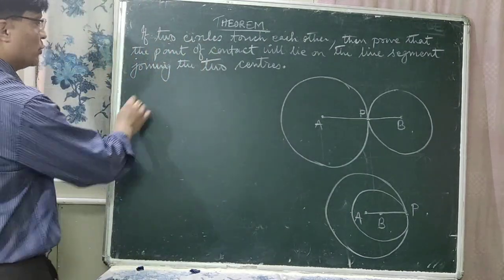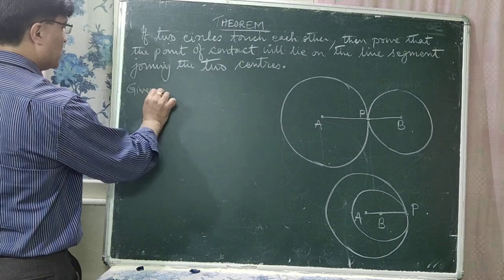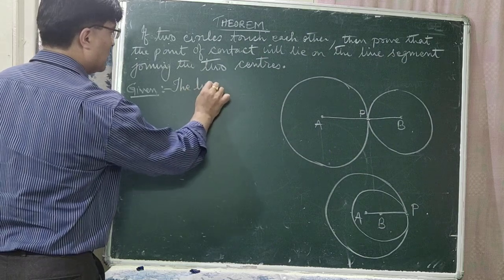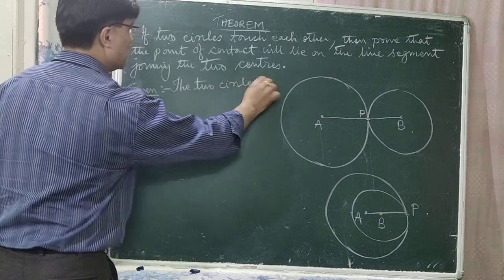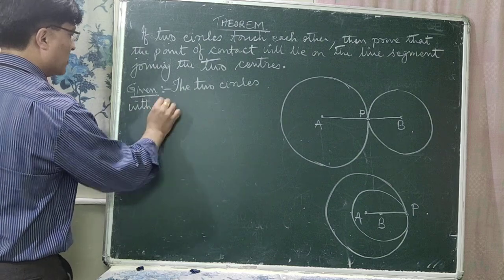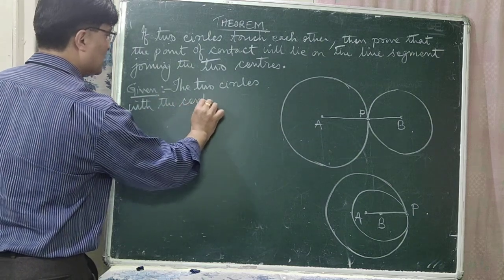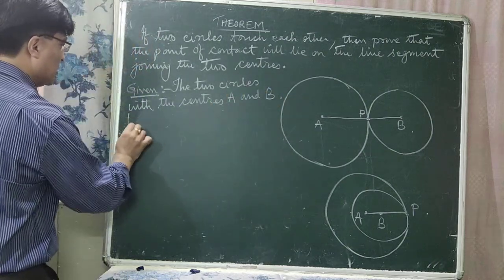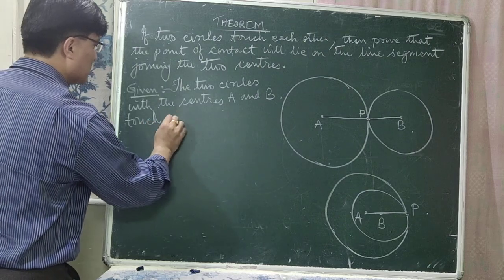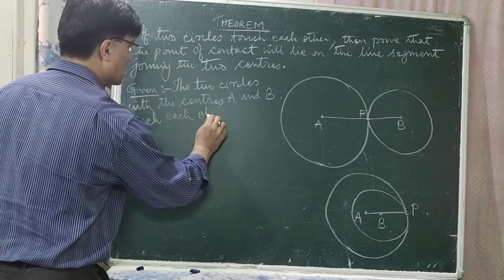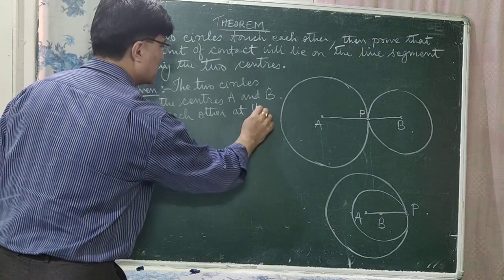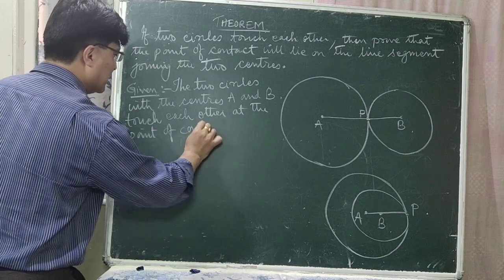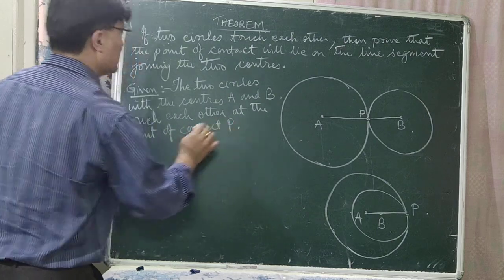So now here, what is given here? Let us write down. Given: the two circles with the centers A and B touch each other at the point of contact P. At the point of contact P, right?